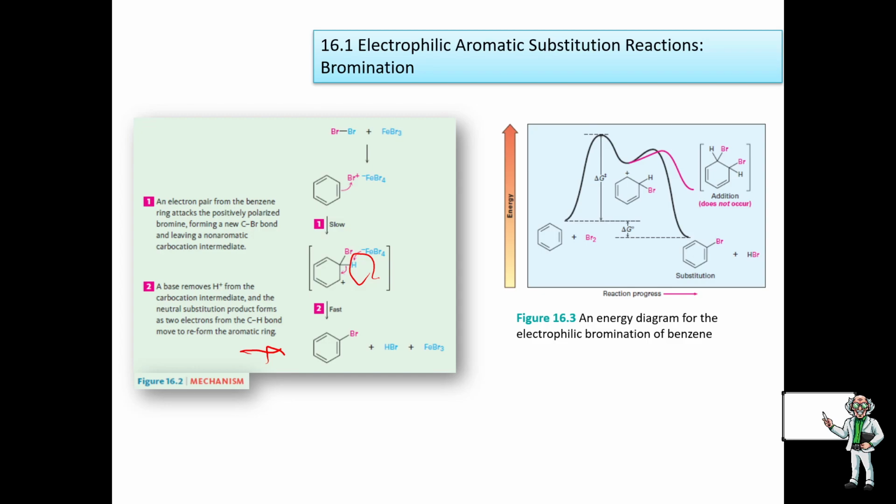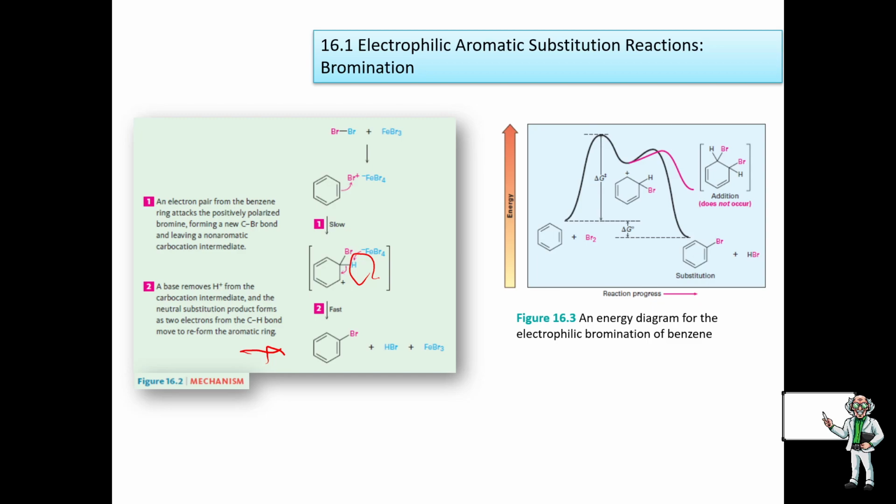Remember that in the case of an alkene, the nucleophile is added to the carbocation. Why this difference? Basically, because, as you remember from chapter 15, aromatic compounds are very, very stable. If they are very stable, this will be the great benefit of the reaction.